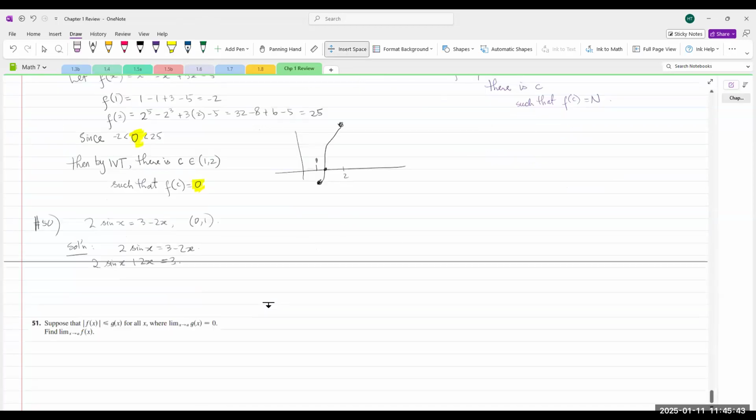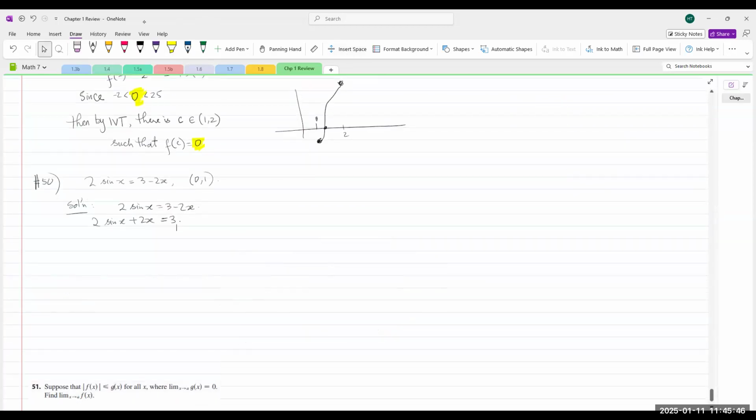Let f(x) equal 2 sine x plus 2x. Now what is f(0)? It's 2 sine 0 plus 2 times 0, that's 0. But at 1, that's 2 sine 1 plus 2 times 1. I don't know what that is though.